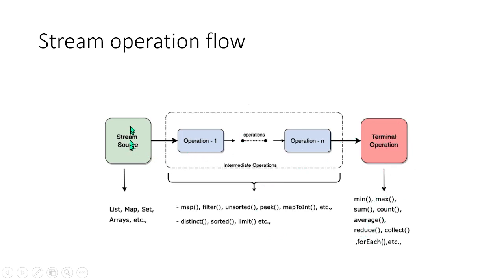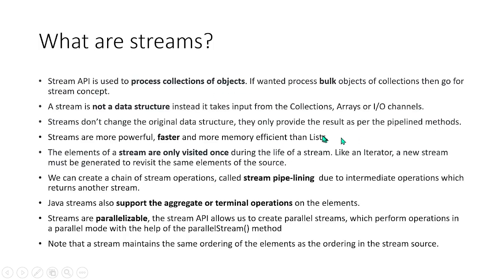So three things are happening: we are creating, then processing, then printing and terminating. And this stream works on the original data structure, it is not editing that. It is creating a new stream, not changing the original data structure, and on that it is working and it is faster. On the fly it is creating and closing, okay.